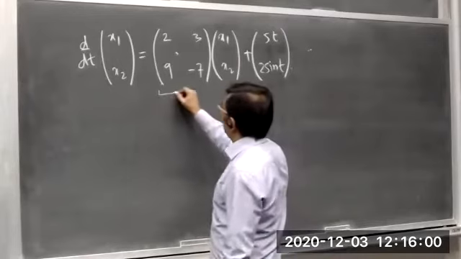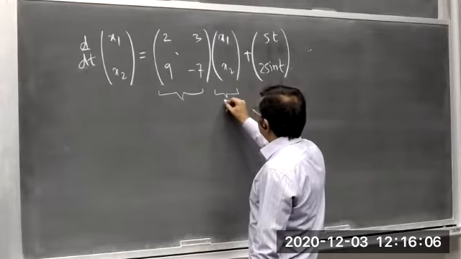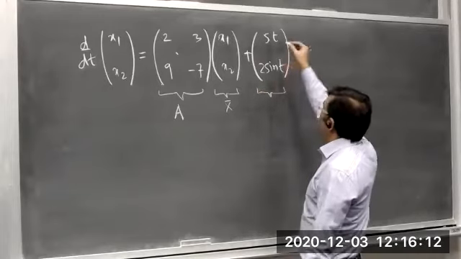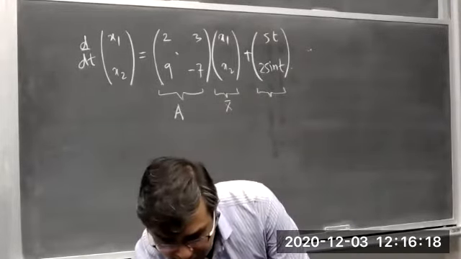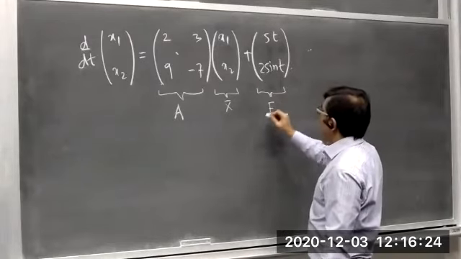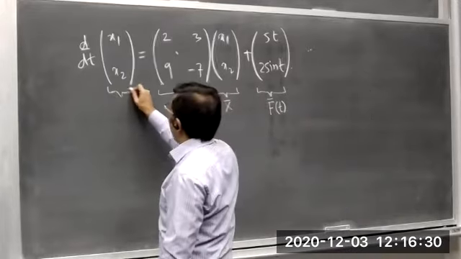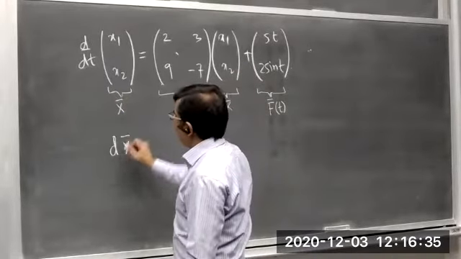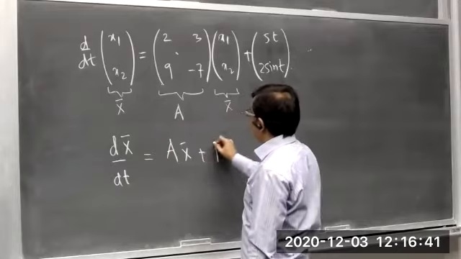If I assume that this is your matrix A and this is a vector x, and this is some vector which is a function of t only, some vector f of t, and this is again your x vector, then we can write dx vector by dt is equal to A times x vector plus some f vector.